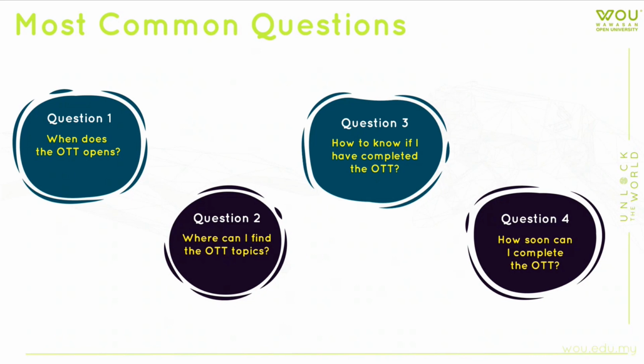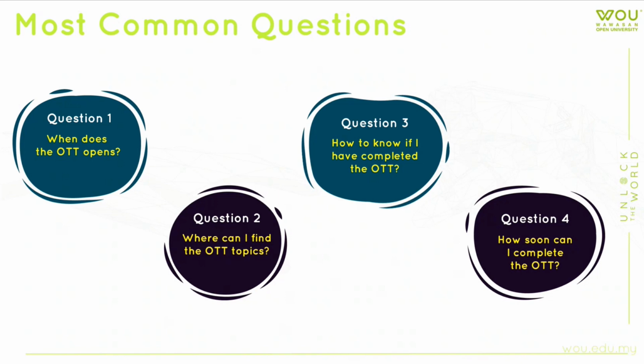Number two is, where can I find the topics? I think some people would have difficulty finding the OTT topic. And how do I know whether I've completed the topic? And how soon? Can I do it in 1 day or less?